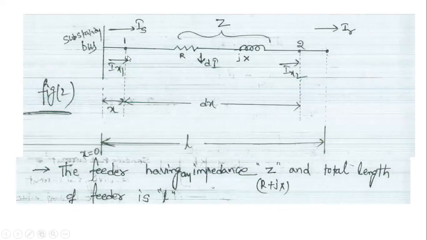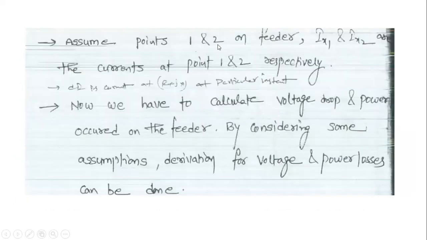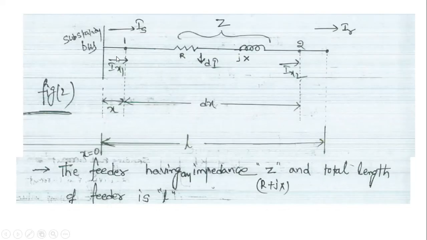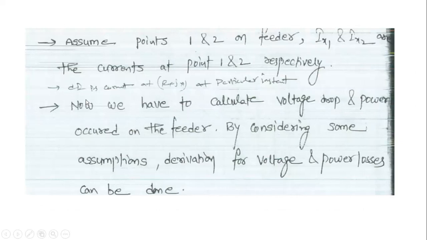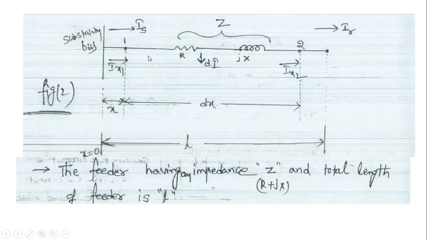Ix1 and Ix2 are the currents at point 1 and point 2 respectively. Di is the current at R plus jX, that is, the current at Z is Di.